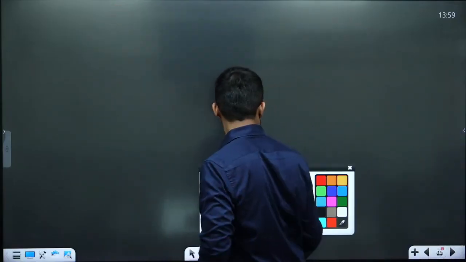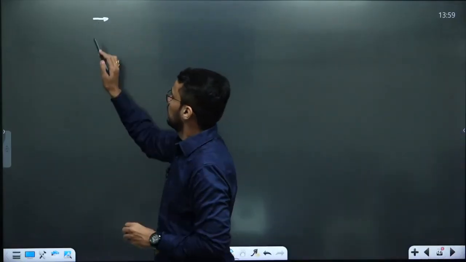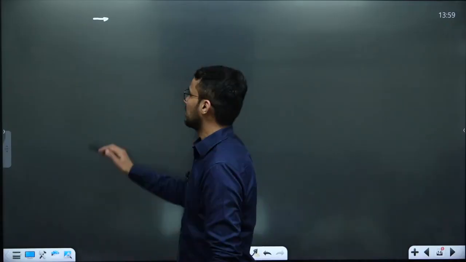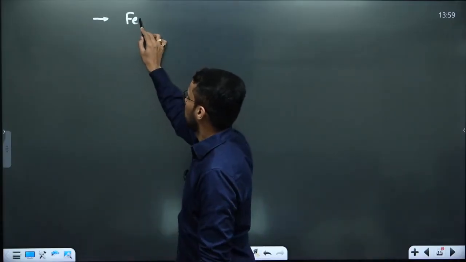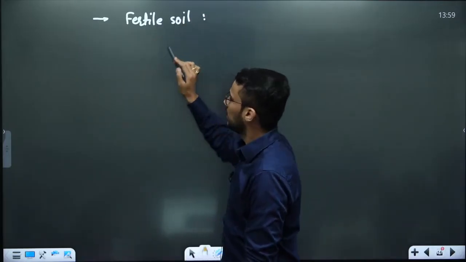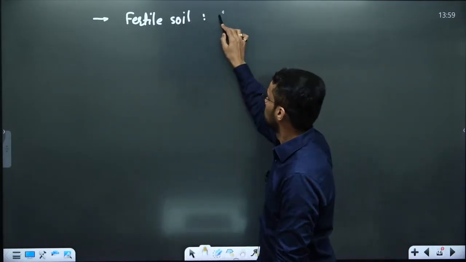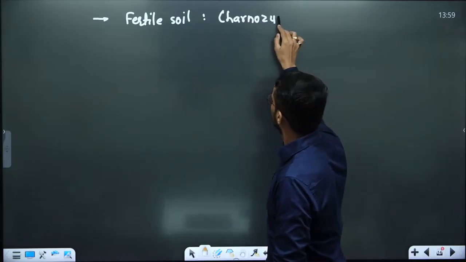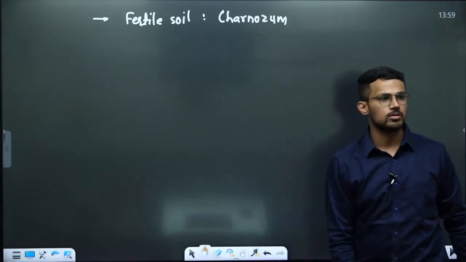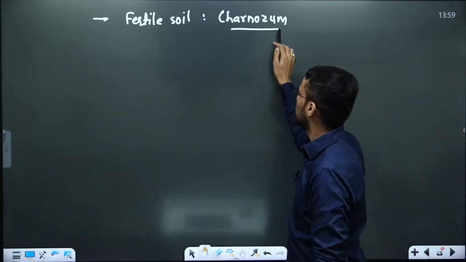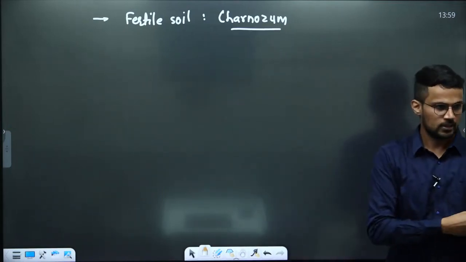Next now. Here we have extremely fertile soil in these grasslands, and that soil is called as, very important name from the exam's point of view, Chernozem soil. Right, soil is extremely fertile and it is called as Chernozem soil. Okay.